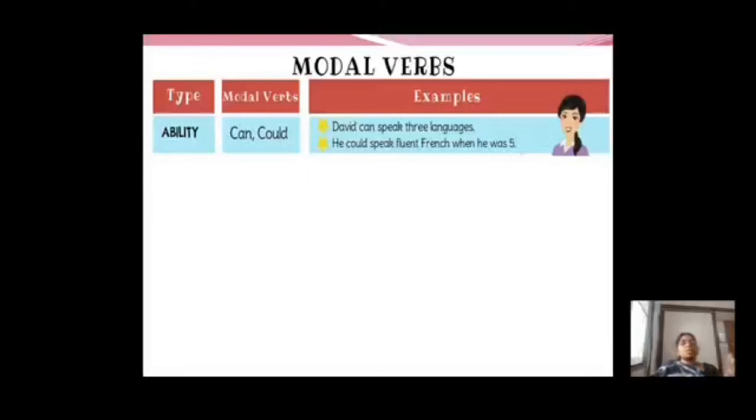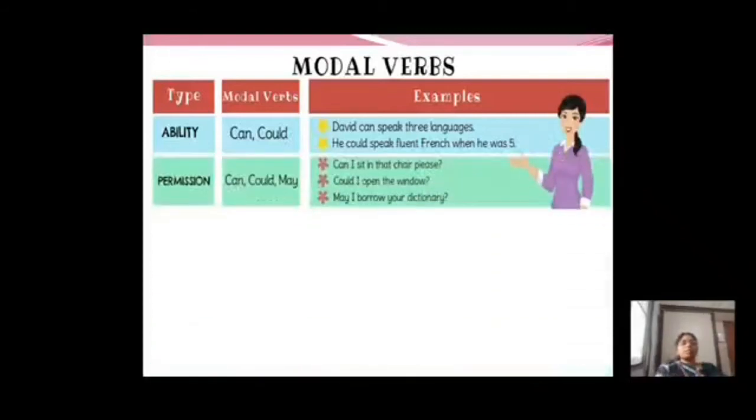That is, he is skilled. David has the ability to talk 3 languages. Right? He could speak fluent French when he was 5. So all these can and could speak about the ability of a person. Clear?